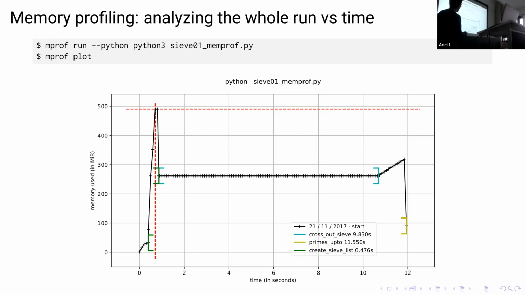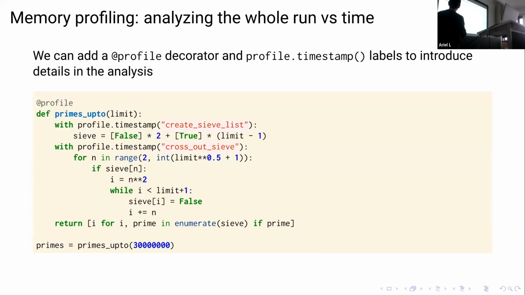Then we see an increase of memory being used, and then it drops when the code finishes. So actually this part, which is not included in the cross out timestamp, is the list comprehension I'm having when exiting the function. So it's the creation of the list to return.